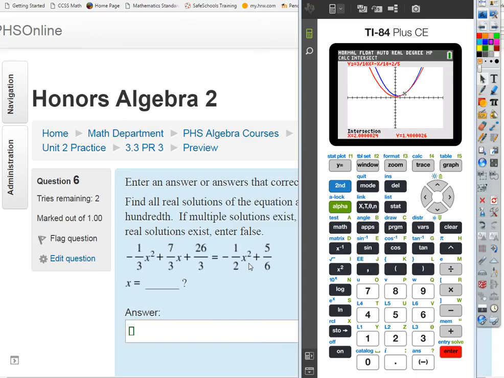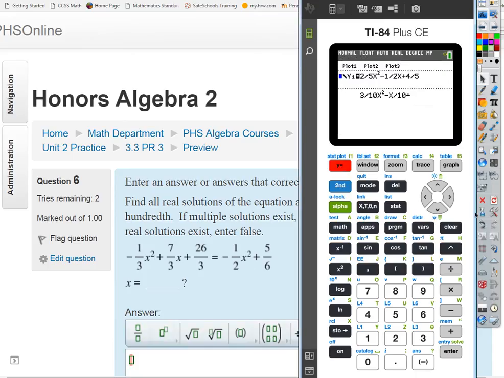Okay, how about one more of these? For this first one, I'll put the fractions in parentheses this time to show you how that looks different.